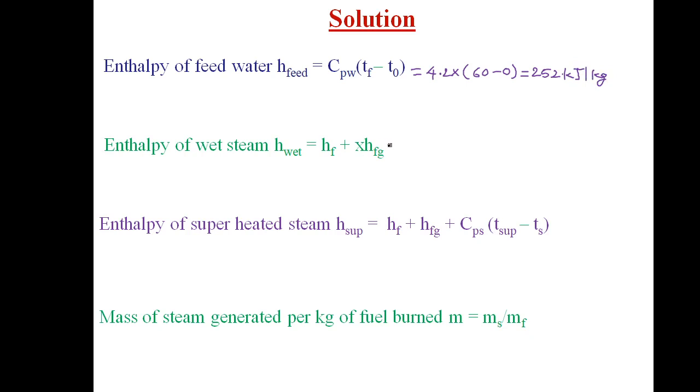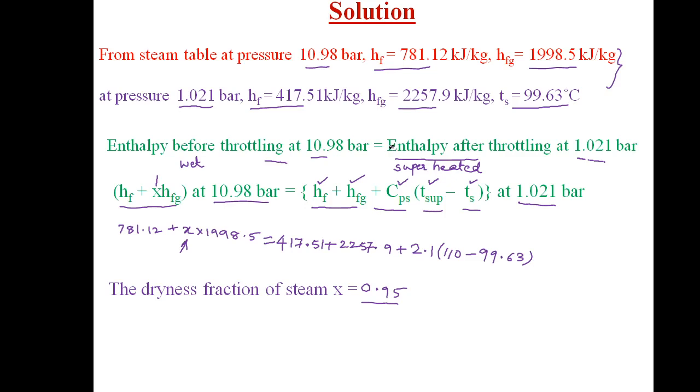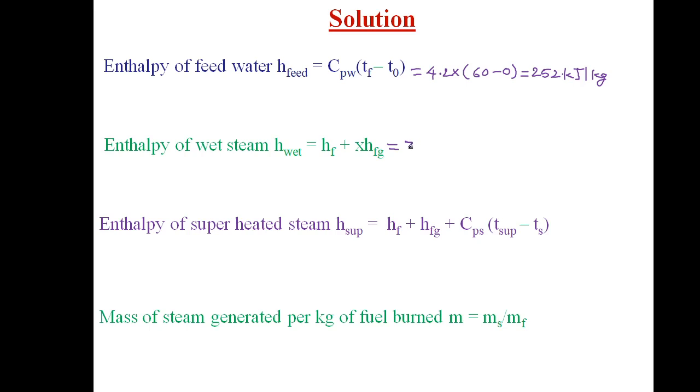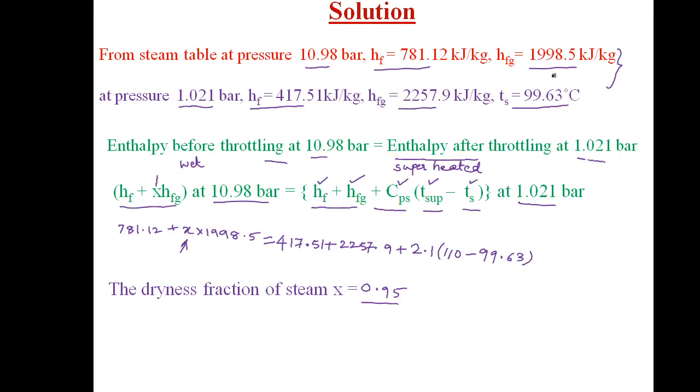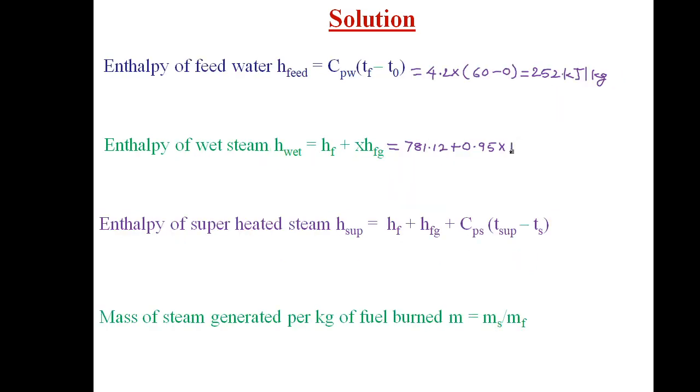The enthalpy of wet steam we can find out. hf value, already seen at 10.98 bar, is 781.12, plus the dryness fraction 0.95, just now calculated, times hfg, the latent heat of vaporization, 1998.5.